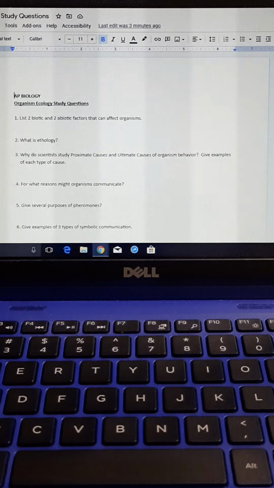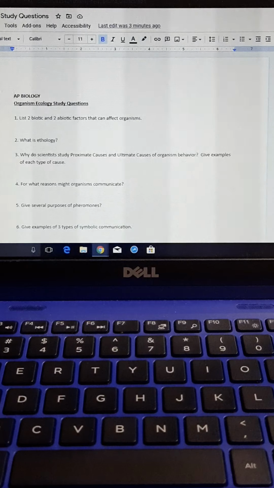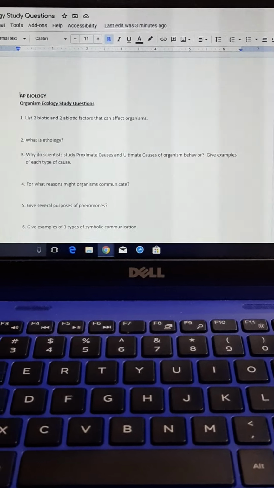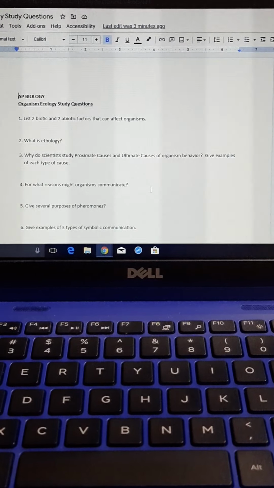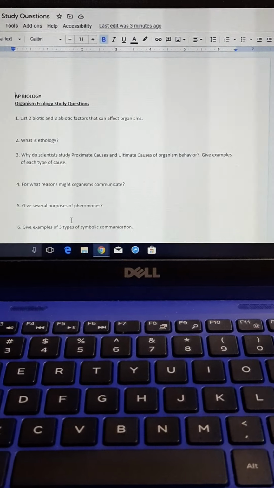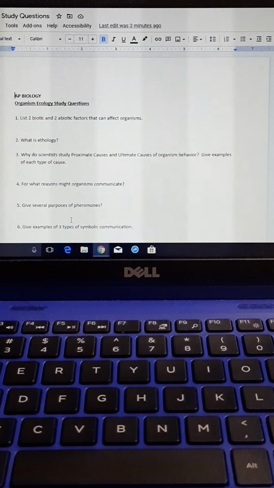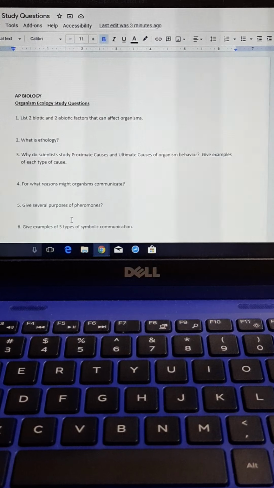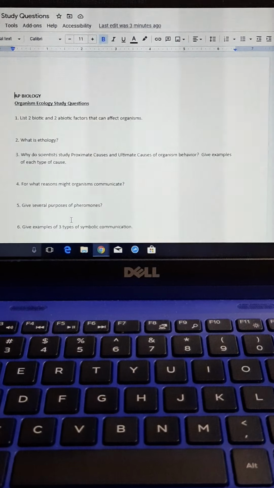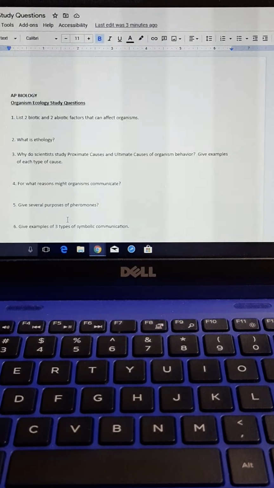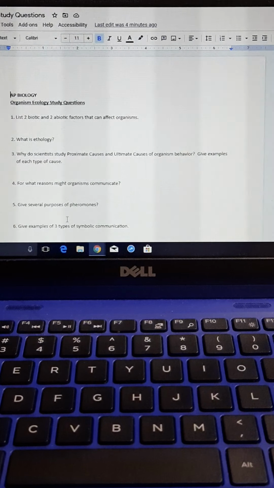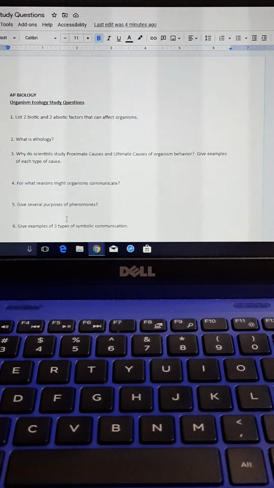Proximate cause would be how does the behavior occur? And the ultimate cause, why does it occur? Why it occurs would be survival or reproduction. For survivability, let's say there's a prey animal, a zebra.